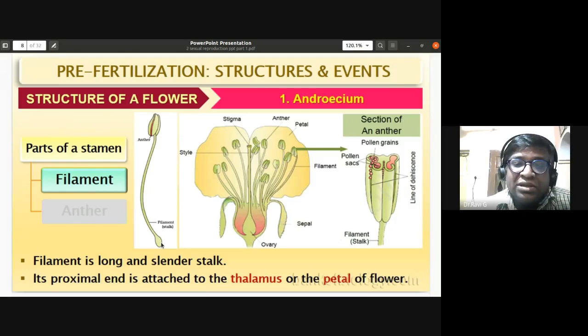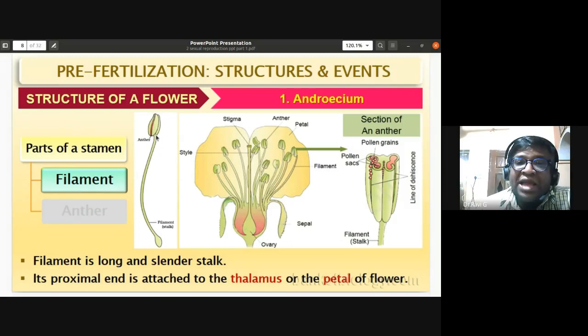If the proximal end of the filament is attached to the petal of a flower, we call it epipetalous. If it is attached to the thalamus, there is no name. Remember that. The filament is long and slender, a very long and slender stalk.